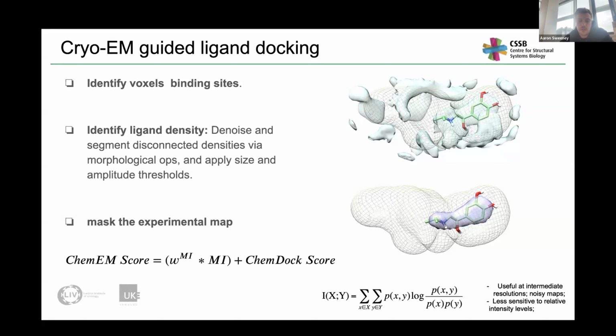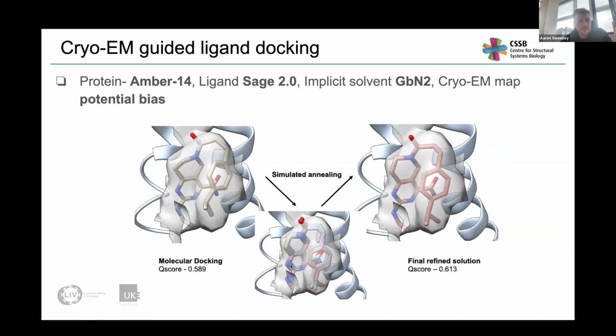So at lower resolution, mutual information performed a bit better, which is why we went with it. We weighted this just to bring it into the same magnitude as our ChemDock score. This is what we use for the docking phase of ChemEM. Then docking solutions are minimized and passed to the MD protocols. Here we use OpenFF and OpenMM as the driver for our MD simulated annealing.